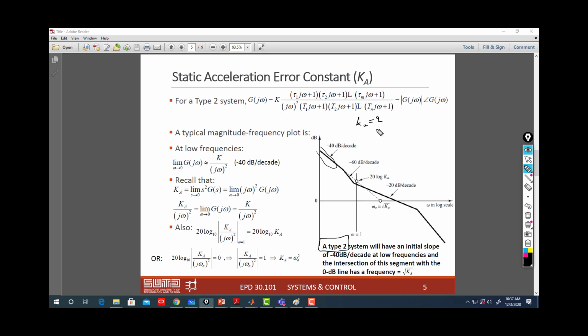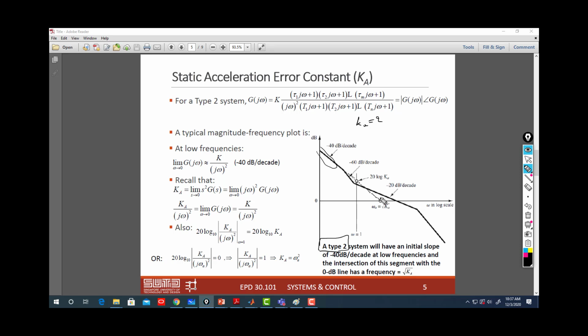So how to find Ka? As we did in system of type 1, you continue the low frequency line until it crosses the frequency axis.